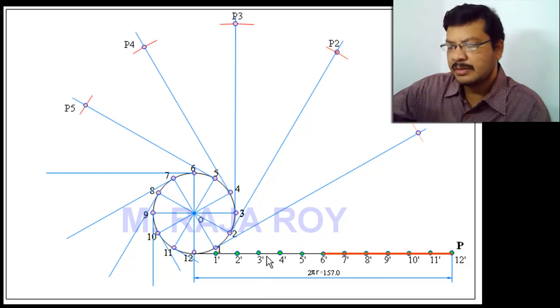Okay, for P6, this is the center. Here drawing the arc, this distance.